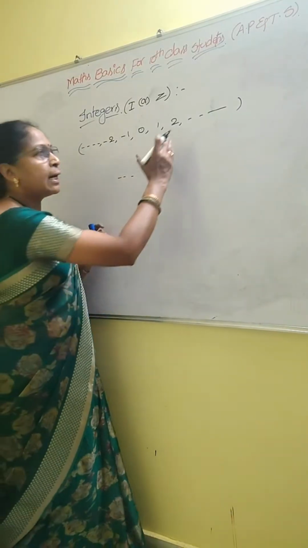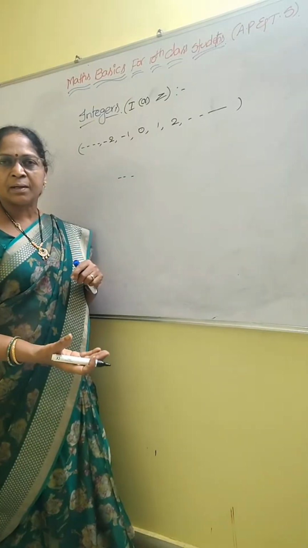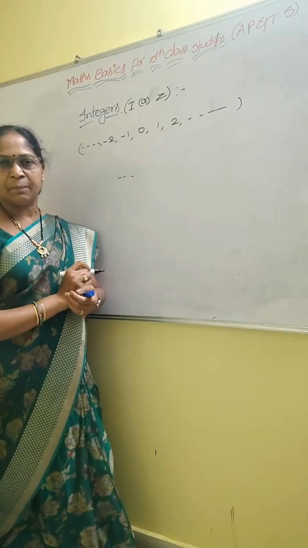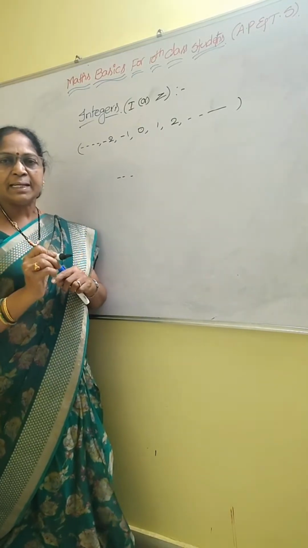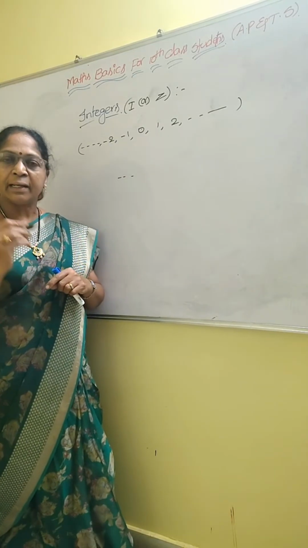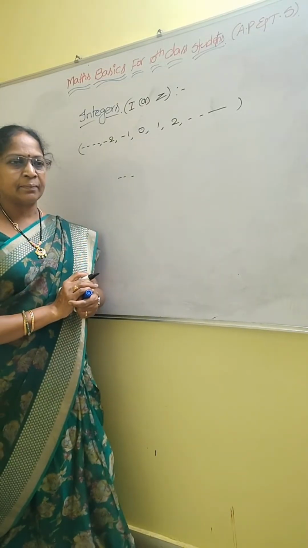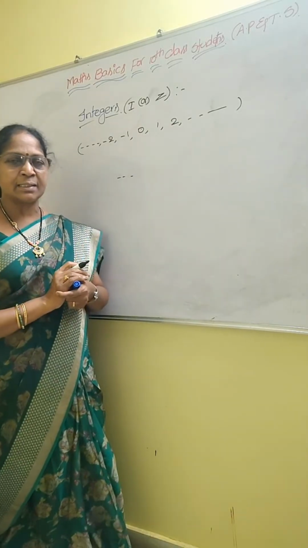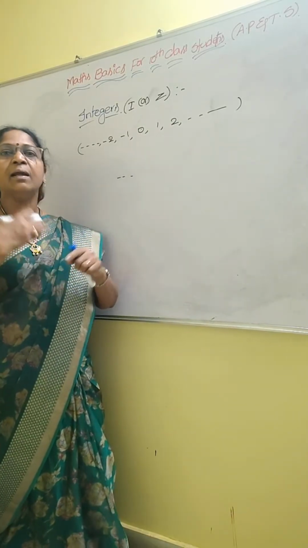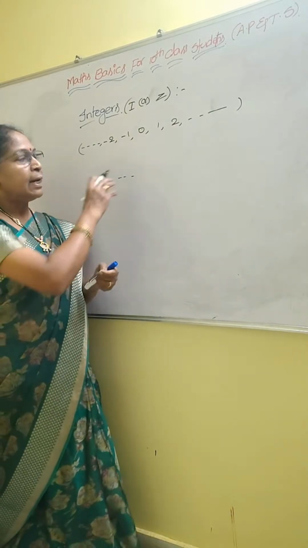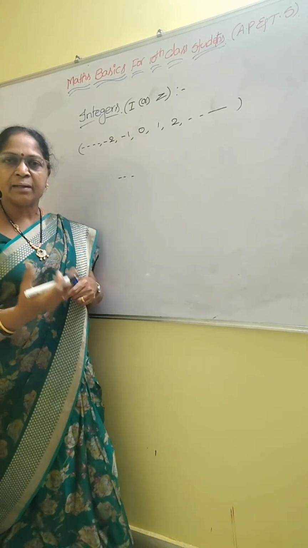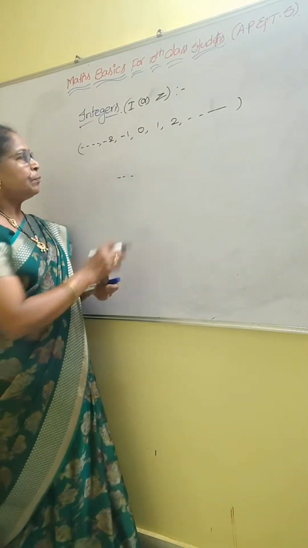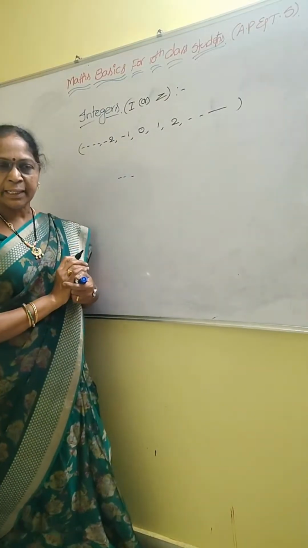On the right side also, and so on, that means positive numbers are also infinite. Infinity means we cannot count them. Can you count the stars? No, we cannot count the stars. Like that, numbers also we cannot count. You have to represent it like that. These numbers we call integers.